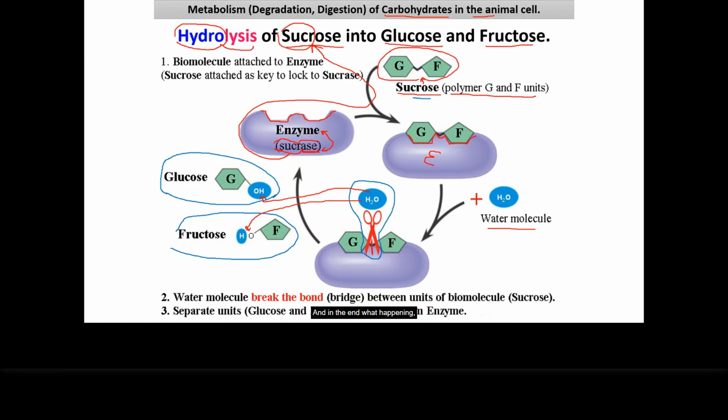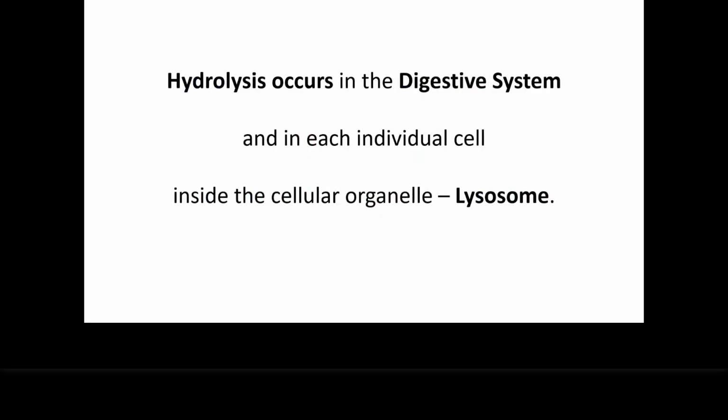And in the end, the enzyme sucrase is ready again for the next molecule of sucrose to be attached, so it can be reused all the time. Our substrate, sucrose in this case, will be changed during this chemical reaction and two products will be produced, glucose and fructose. Hydrolysis occurs in the digestive system, in each individual cell, and inside of the cellular organelle, the lysosome.